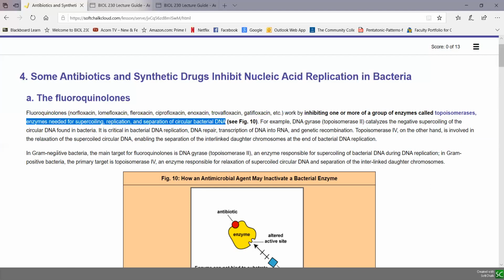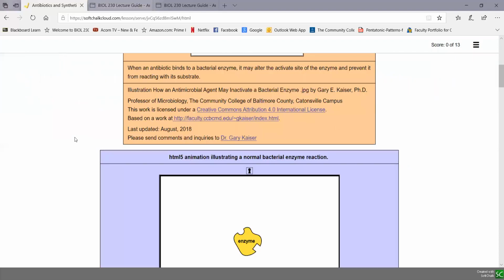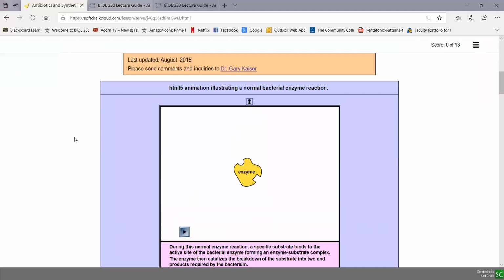So these are examples, again, of drugs that bind to an enzyme, in this case, topoisomerase. And the idea behind any of these antibiotics that bind to bacterial enzymes is that, remember, it works because the enzyme has two specific shaped sites on it. The active site, which is where the substrate binds to the bacterial enzyme so the bacteria can carry out its normal chemical reaction.